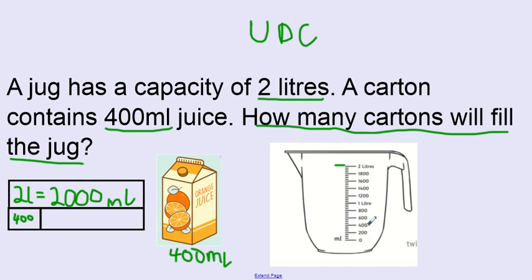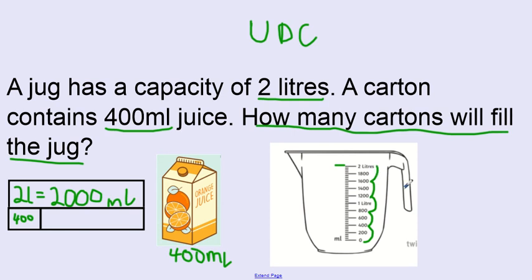Well, I could count up in 400s. 400, 800, 1,200, oh, hang on, have I done that right, year 6? 4, 8, yep, I have, sorry everybody. Up to 1,600 to 2 litres.